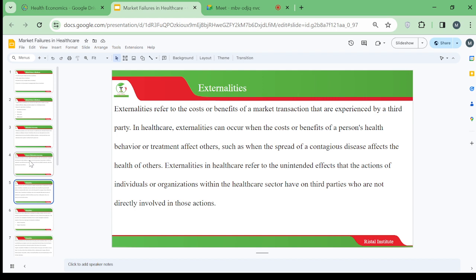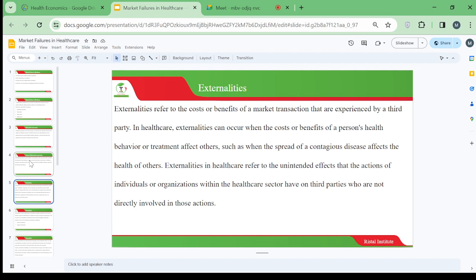You were not part of the event of someone getting the infectious disease, but you are now affected by it. And the example of COVID-19 is very important because the first cases of COVID-19 were reported in China, but all countries had to face the negative impact of COVID-19.